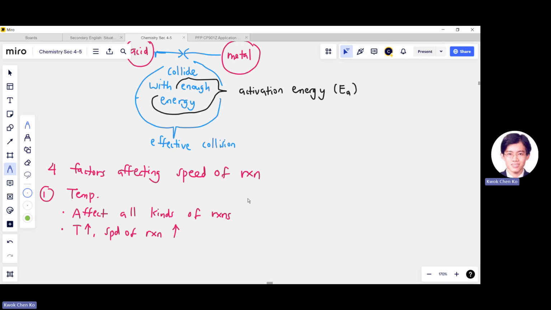But that's not the end. They ask you to explain why. More kinetic energy. But this is chemistry, and they want to see this. So basically, when temperature increases, let's be very specific: reactant particles collide more frequently.